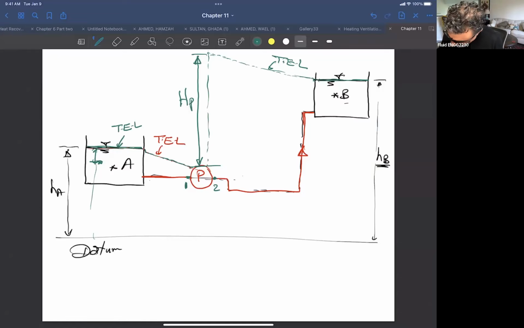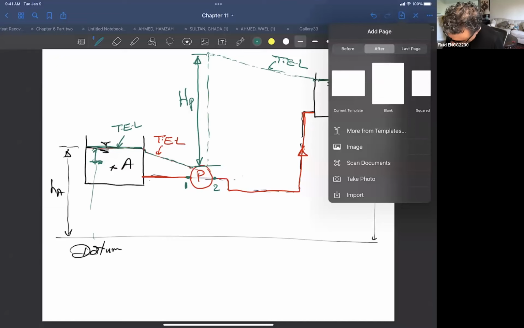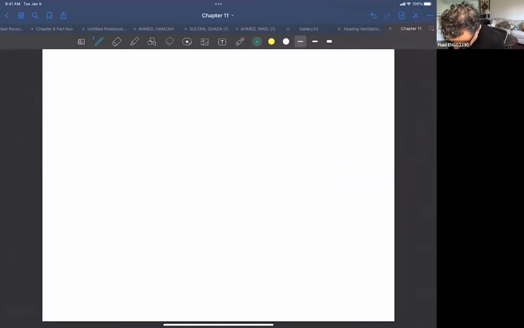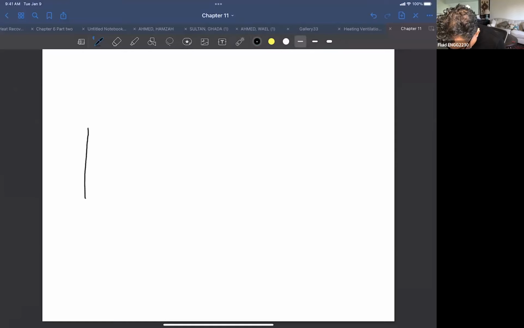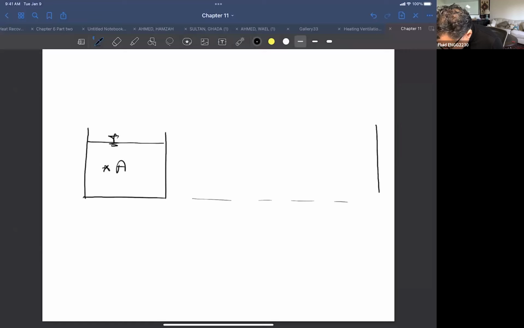Okay, let me ask you now another question. Hopefully you're getting this, right? So I have a tank like this, and this is point A. And I have a tank like this, this is point B. And I have a system like this.